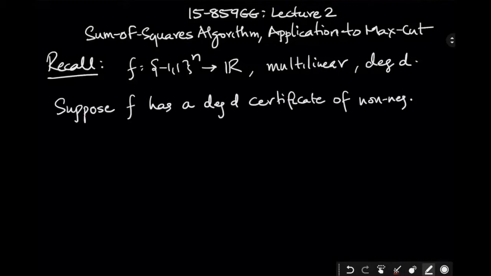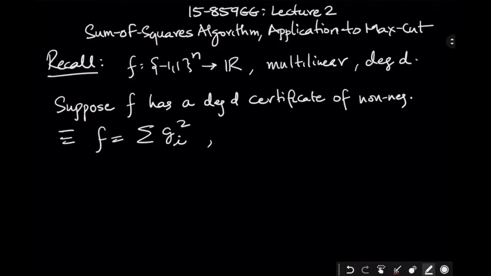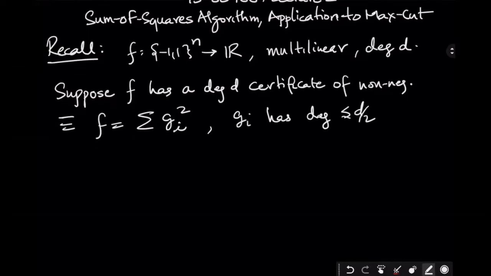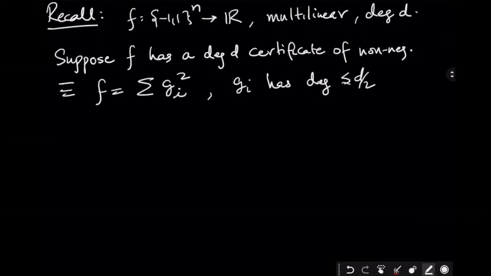What that means is that f equals a sum of some polynomials g_i, each g_i has degree at most d over 2, and this equality holds over the hypercube, meaning that they are equal as functions on all possible points in the n-dimensional hypercube. The question we are interested in today is, suppose such a representation exists, how can we find it? How can we compute it?